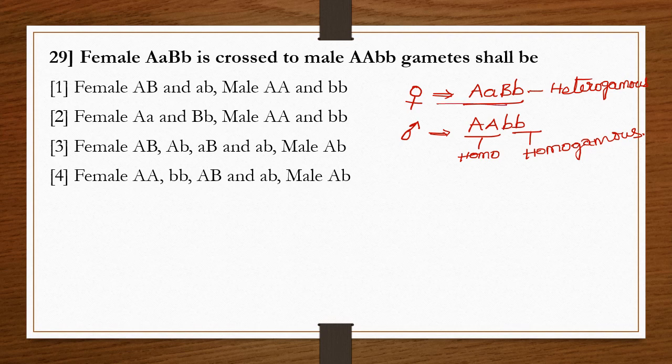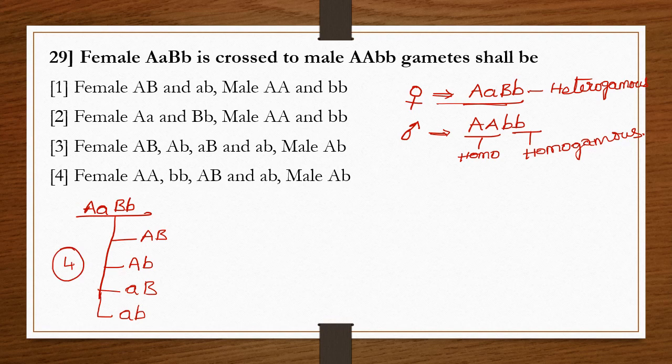So this heterogamete condition in the female can produce four different types of gametes: capital A capital B, capital A small b, small a capital B, and small a small b.